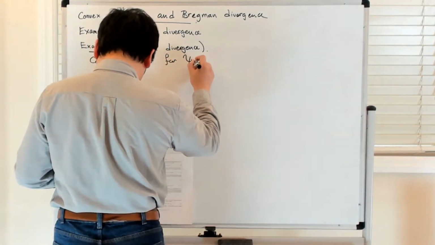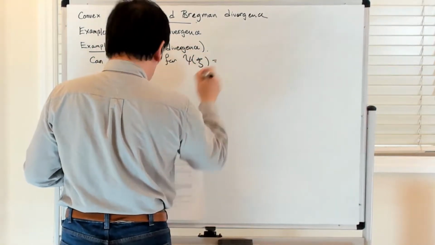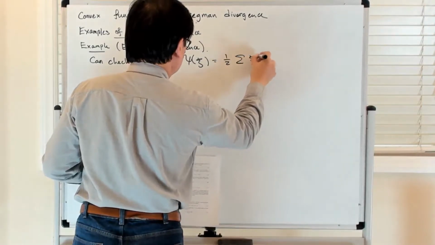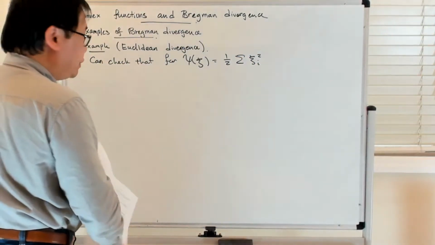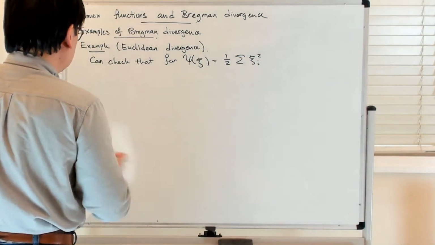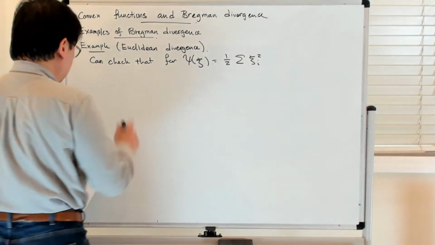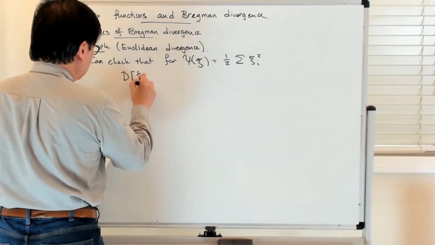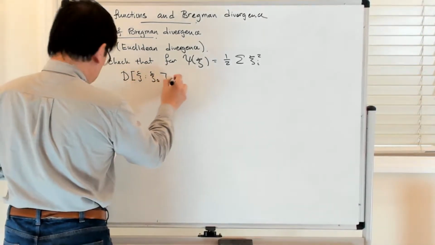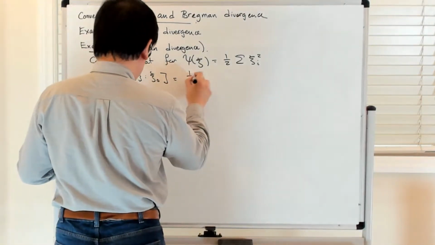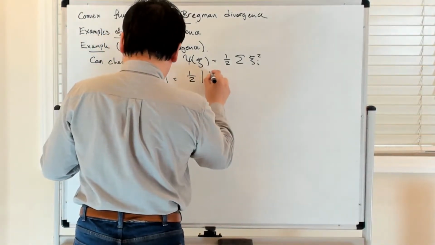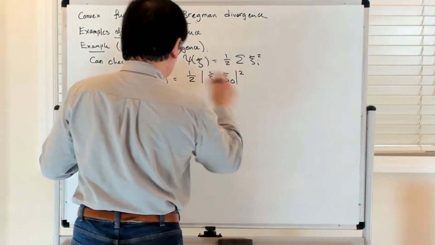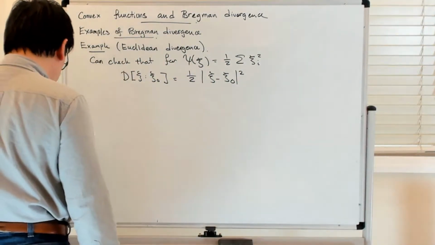for this convex function, which is just 1/2 the sum of squares, the divergence between 2 points in Euclidean space is just given by 1/2 of the Euclidean distance squared, right?